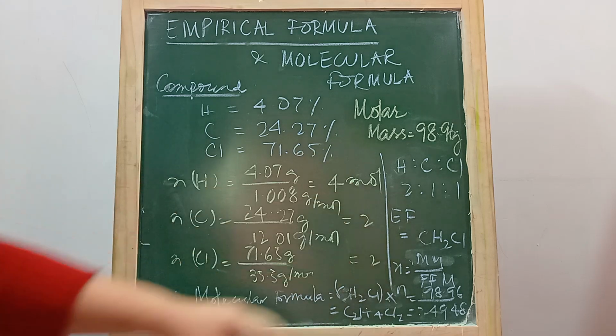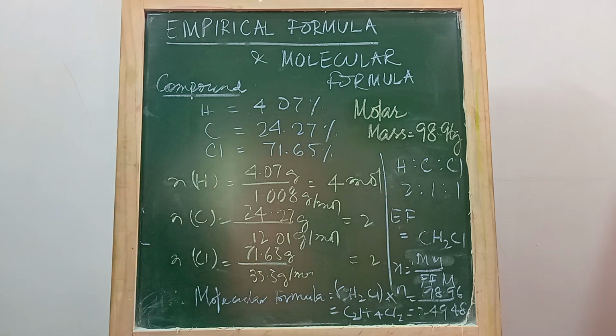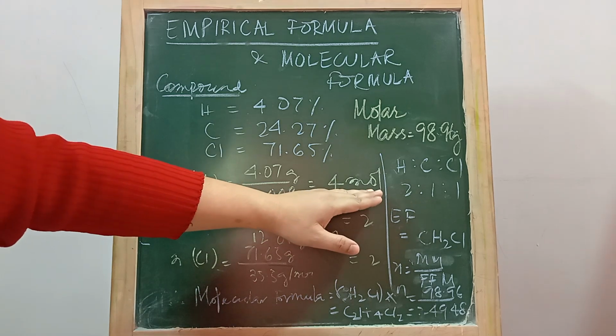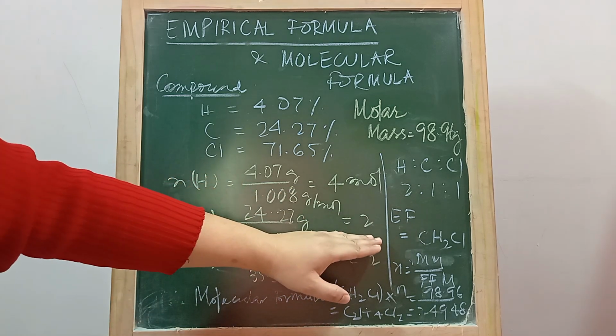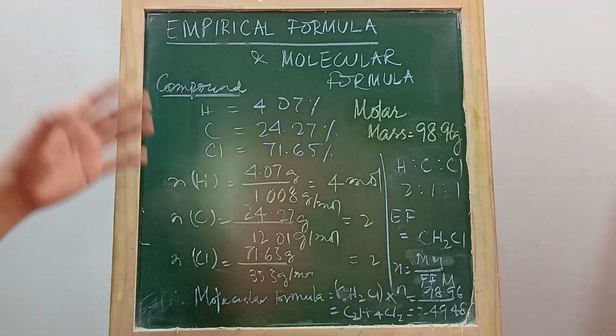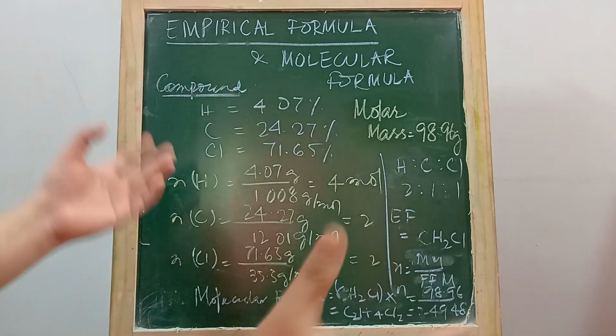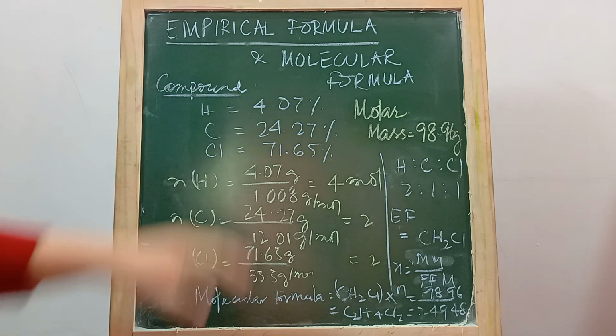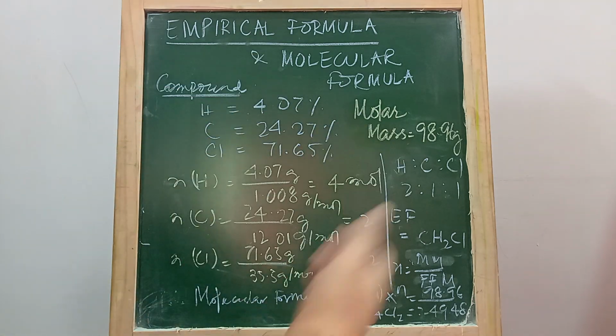So what we have calculated is, in 100 gram of the compound, this many moles of hydrogen atoms, carbon, and chlorine are there. We have calculated the number of atoms of different elements present in the compound, so we can calculate the ratio. What is the simplest ratio?